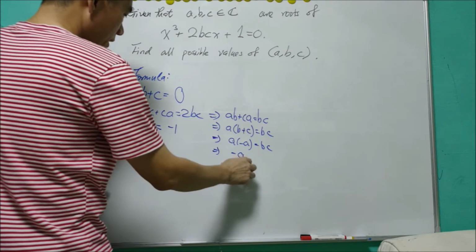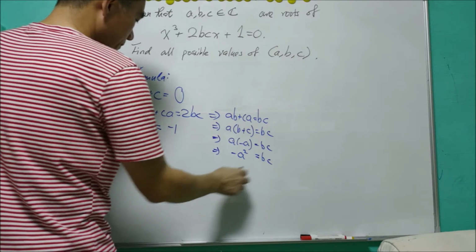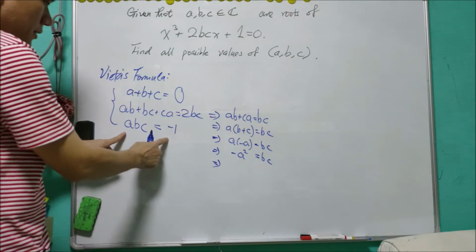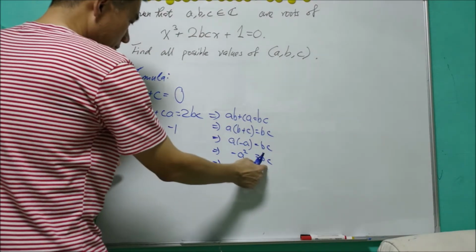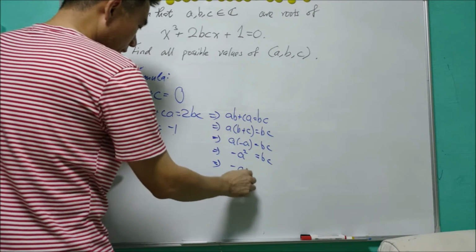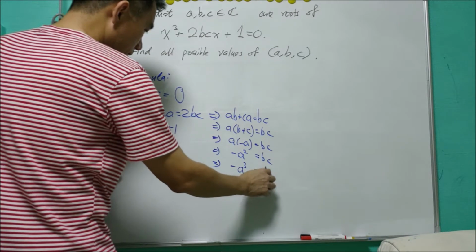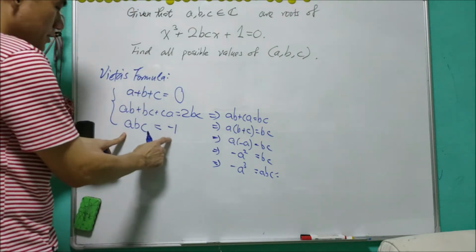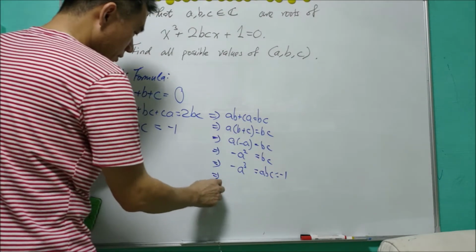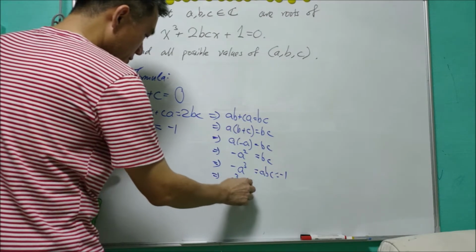And this is -a squared equals bc. Multiply a again to both sides. This is -a cubed and this is abc. But abc equals -1 and therefore a cubed equals 1.